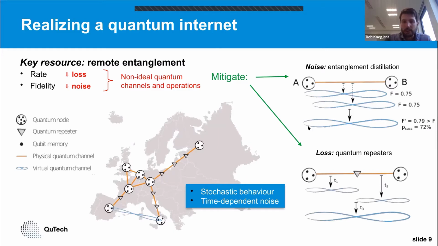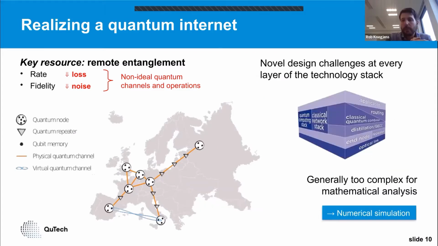So these kinds of challenges, and of course, creating chains of repeaters to be able to perform the swap in some nested or even parallel fashion to cover larger distances, ask for a very capable control plane above this physical layer.